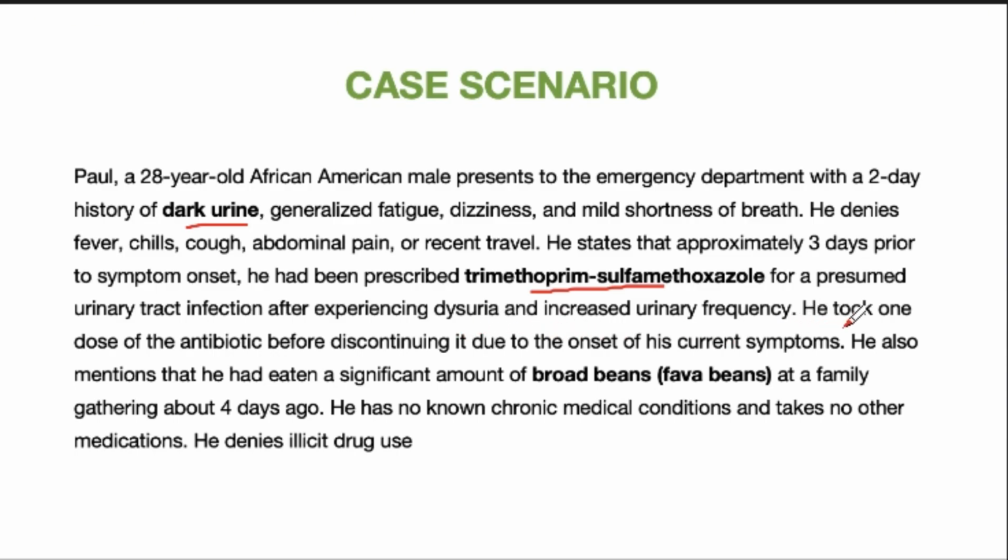He took 1 dose of the antibiotic before discontinuing it due to the onset of his current symptoms. He also mentions that he had eaten a significant amount of fava beans at a family gathering about 4 days ago. He has no known chronic medical conditions and takes no other medications. He denies illicit drug use.